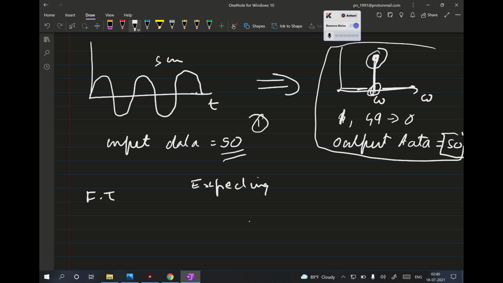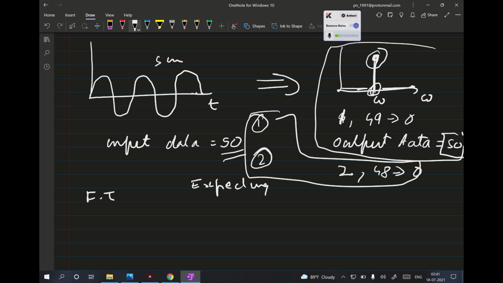If my input data has two frequency contents, I will get 2 points in the output data where the response will shoot up, and the remaining 48 points will have 0 amplitudes. So this is the logic we need to build on, how this is mapped from left side to right side.